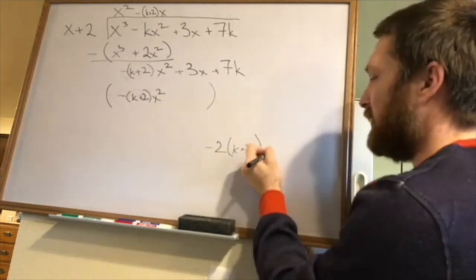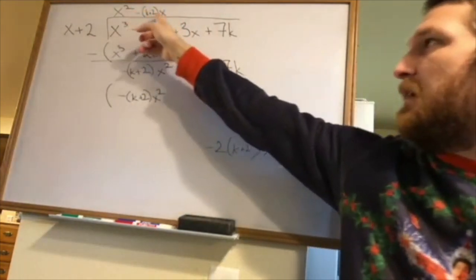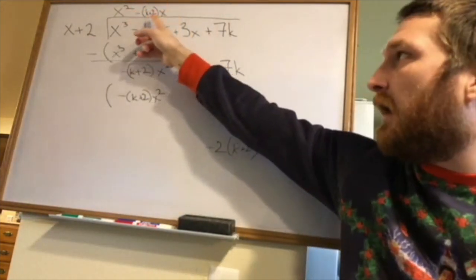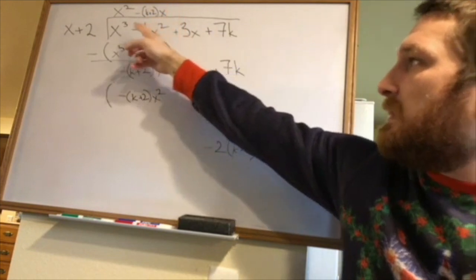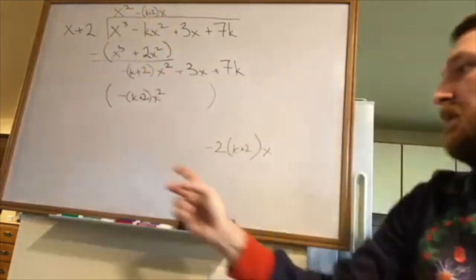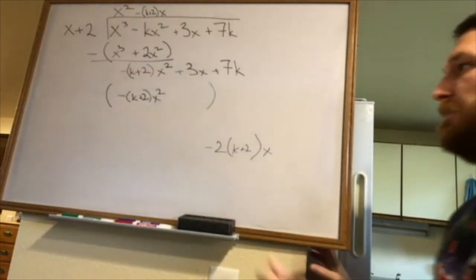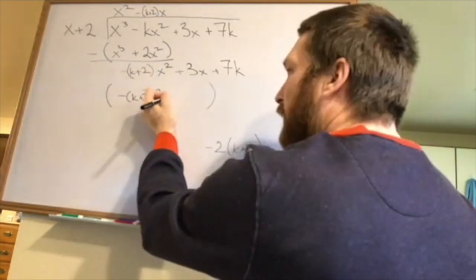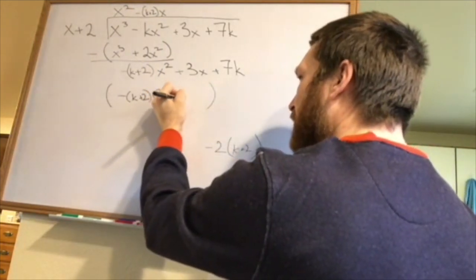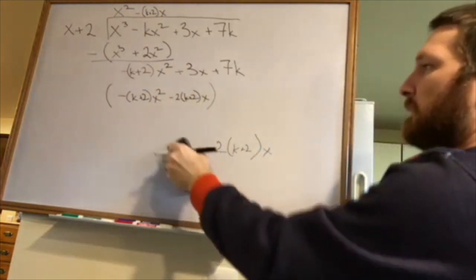Because again, I'm just thinking about this as a number. If that were just a 5, I would say, well, this would be minus whatever 2 times 5 is. Since we don't know what that is, I'm just going to keep it like that. No reason to multiply this guy out or anything. I'm just going to write him like this. K plus 2 times x, like that.